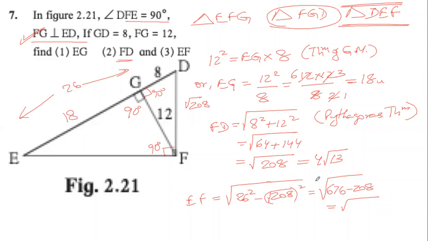When you subtract 208 from 676, you have how much? 468. Is it right? 468. Check it. Yes. 468. And when you simplify this, Linda, please give me the answer. How much will this be?